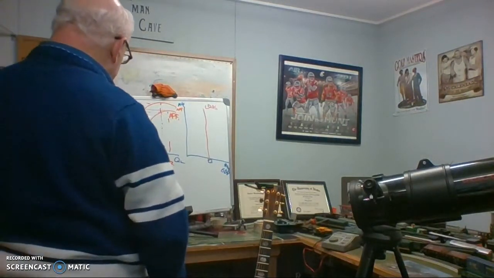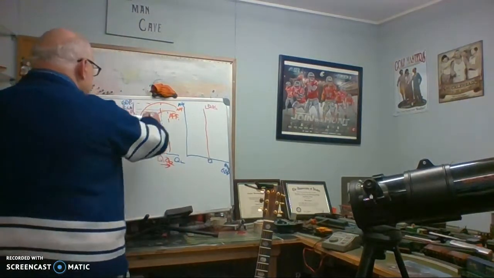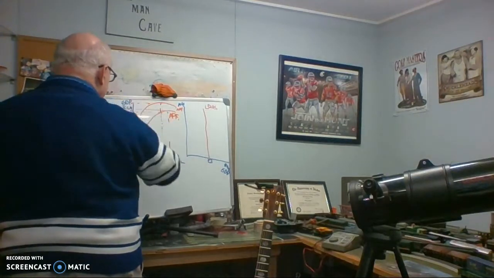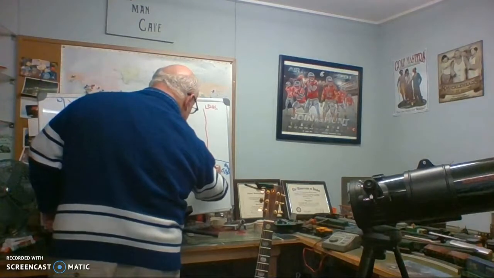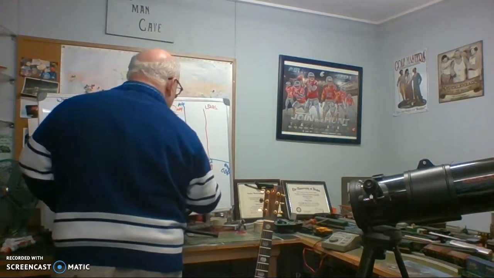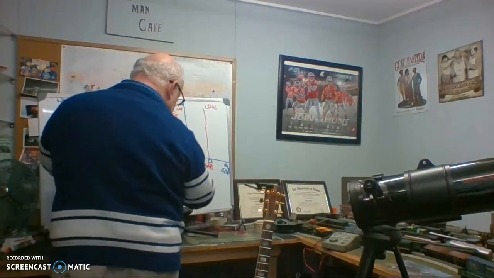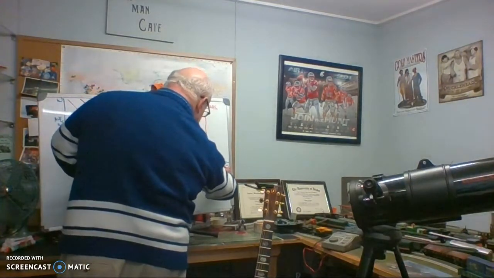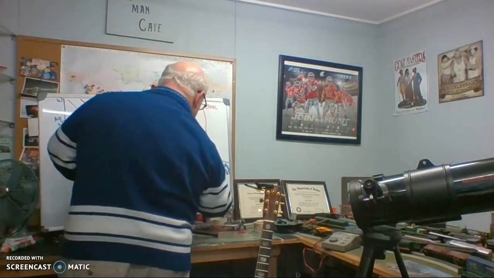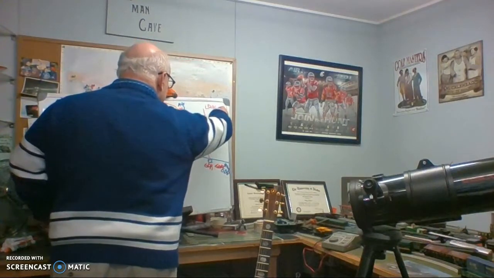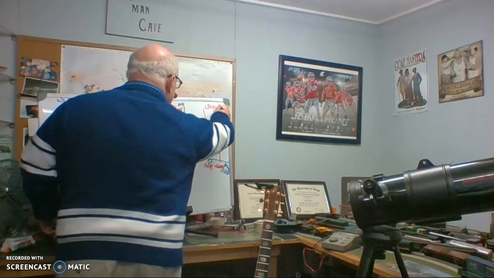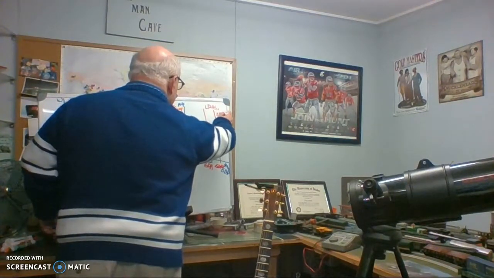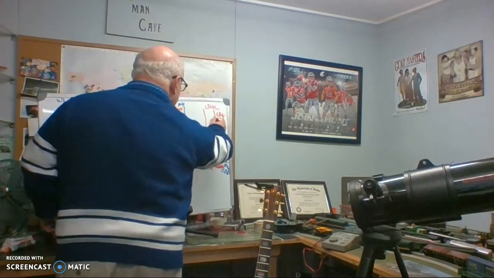So this will produce a higher level of GDP, which, if that's GDP 1, it'll produce a higher level of GDP, which is GDP 2, say. And so what that will do is move the long run aggregate supply curve out that way.